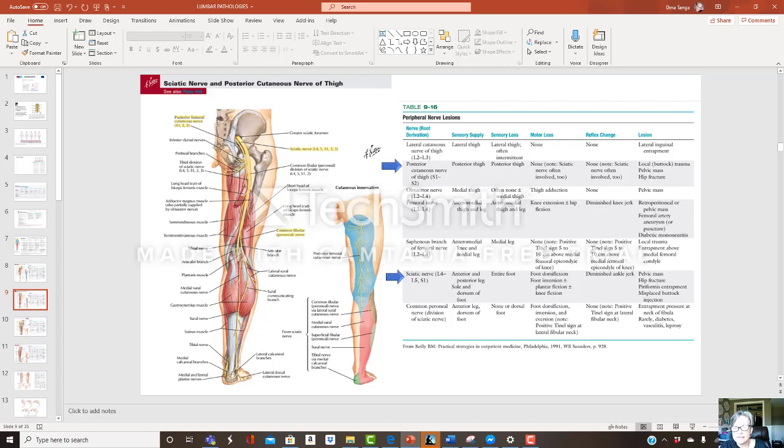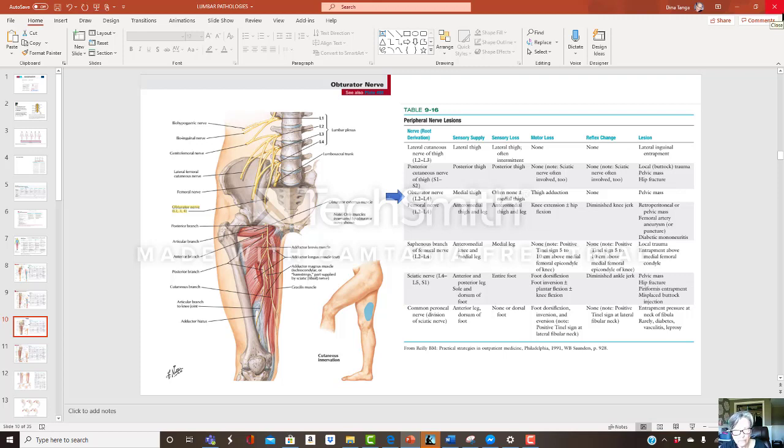The reflex is a diminished ankle jerk. And then the lesion, it could be a possible pelvic mass, hip fracture, piriformis entrapment, misplaced buttock injection. Ooh. Okay, moving on.